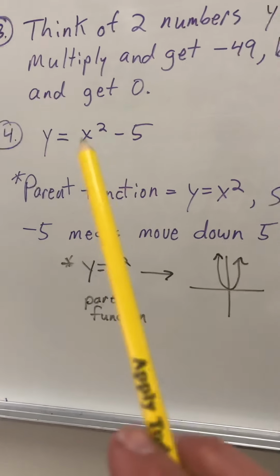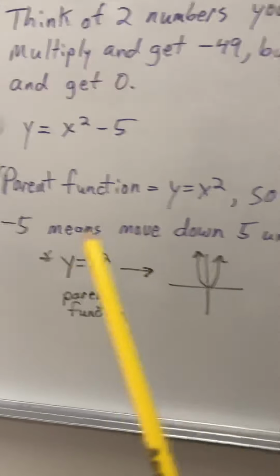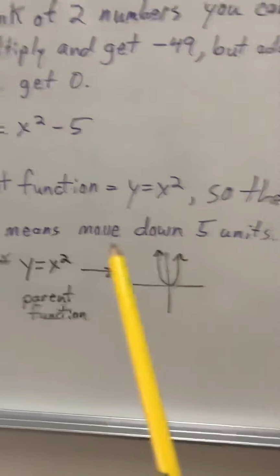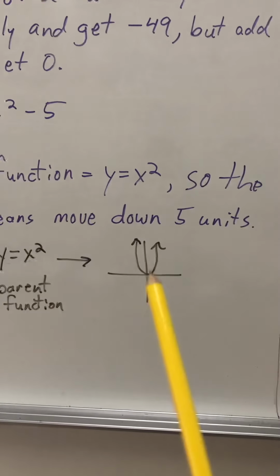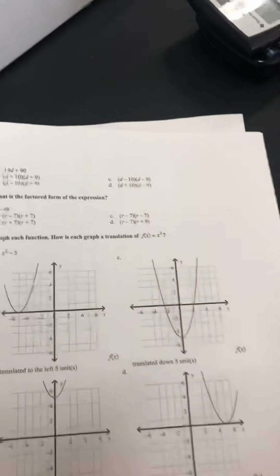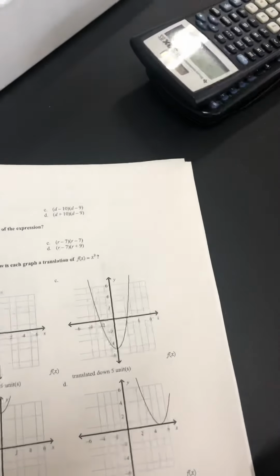If that's the parent function, the minus 5 that's added to it right here means that you move down 5 units. So it's just going to be this, moved down 5 units. You pick A, B, C, or D, where it's the parent function moved down 5 units.